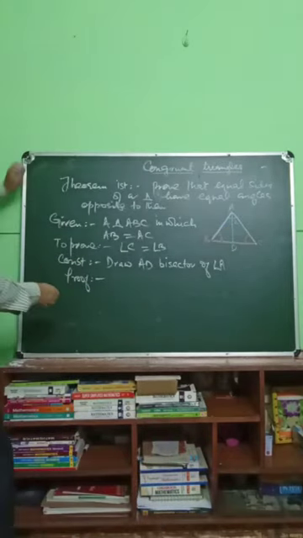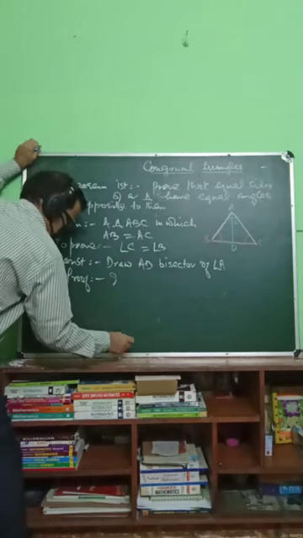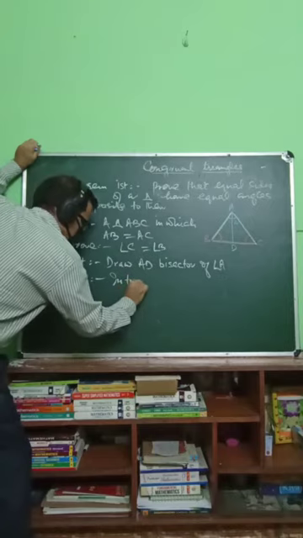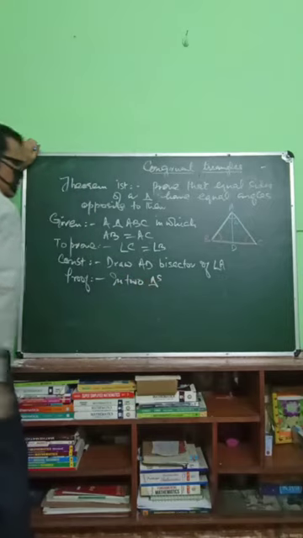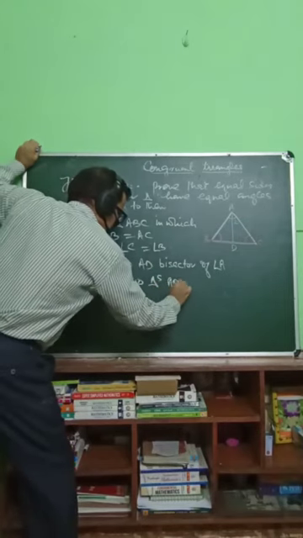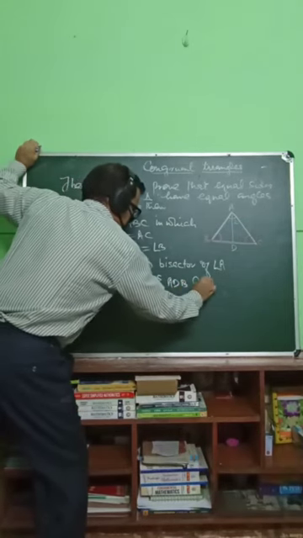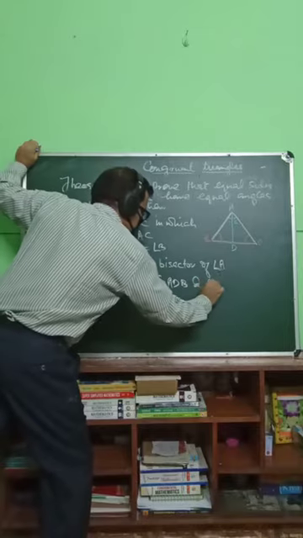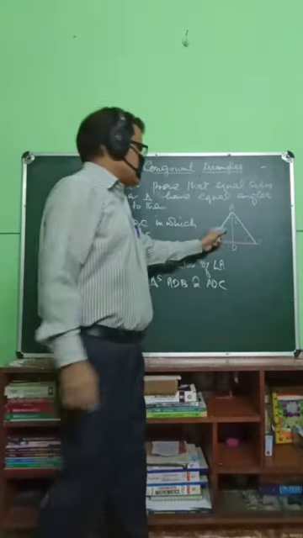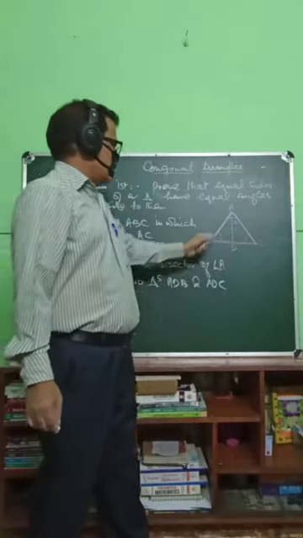So prove in two triangles ADB and ADC. In triangles we are having 6 parts, 3 angles.